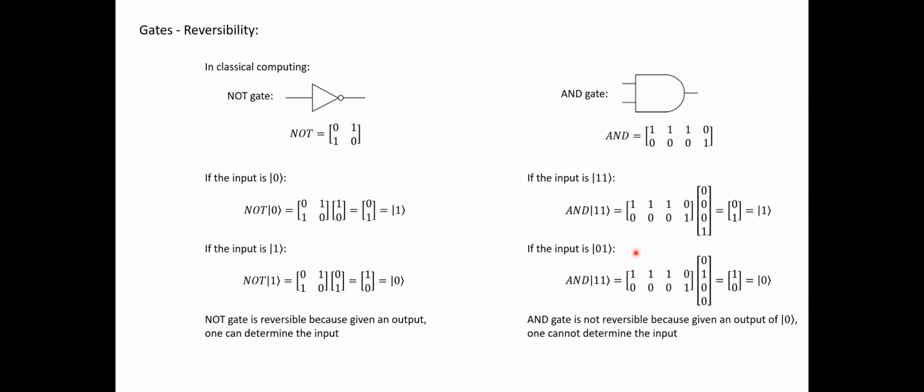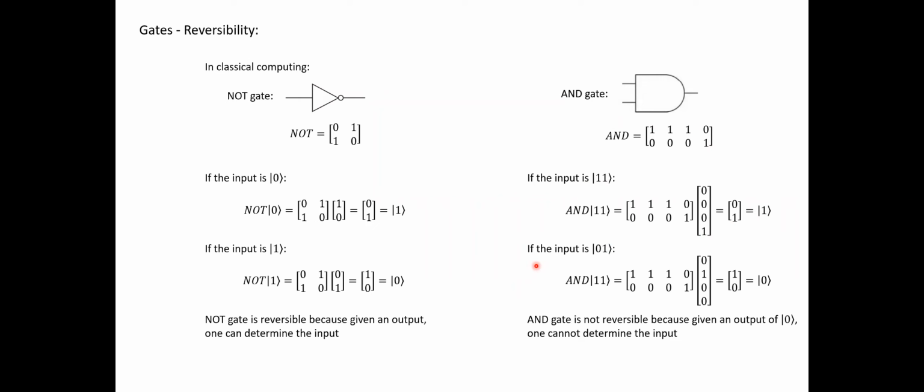We know that for the AND we need 2 inputs, bit 0 and bit 1, and we get just one output. We can still have the transformation matrix for the AND operation. If we have an input of 1, 1, the output is 1, right? If we have an input of 0, 1, the output is 0. The same for 1, 0 and 0, 0, the output is 0.